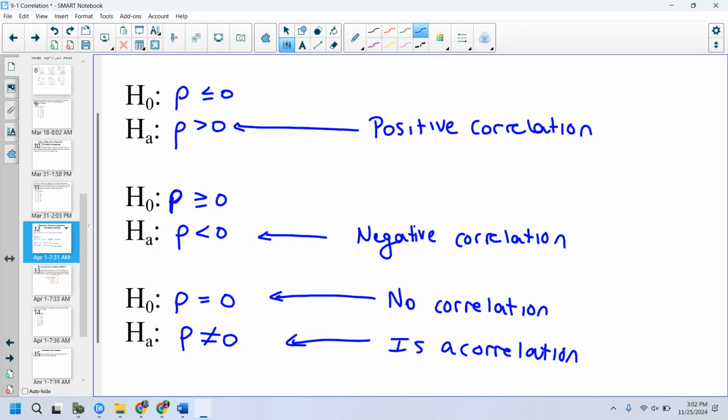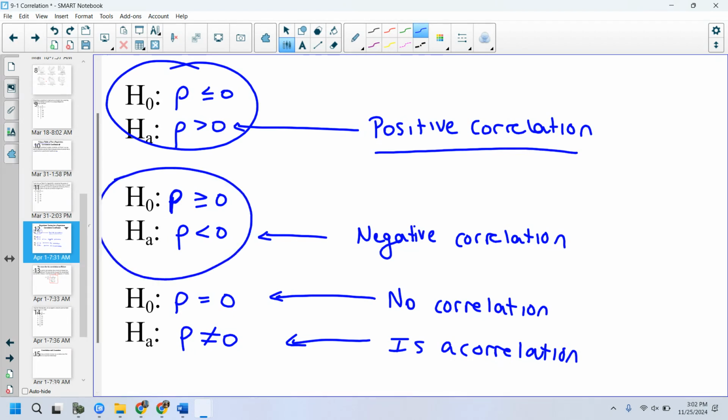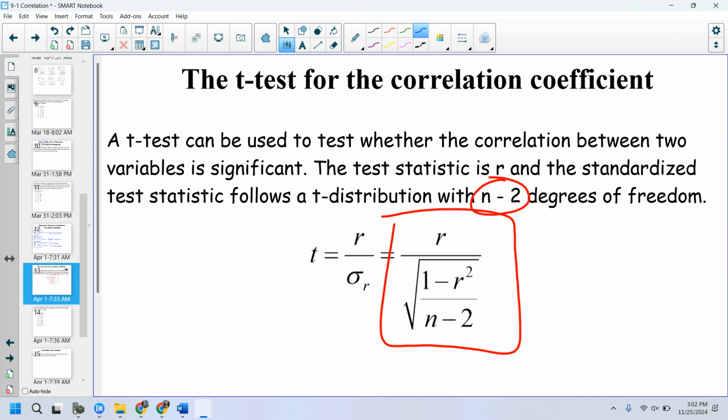I'm saying the opposite within the null, okay? So if I want to say that there is a strong positive correlation, we want to use this. If I want to say that there's a negative correlation, I want to use this. If I want to say that there is some sort of correlation, not stating positive or negative, I want to use this.